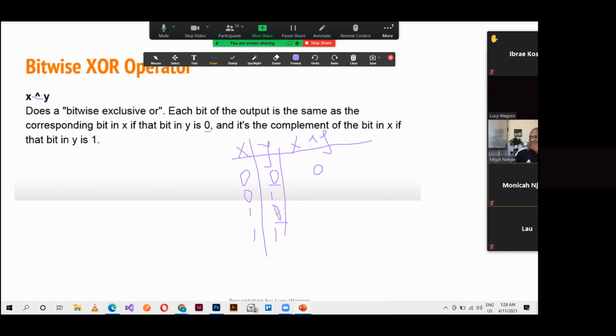And then here, Y is a 0, so the result should be a 1 because it is that, okay? And it's the complement.